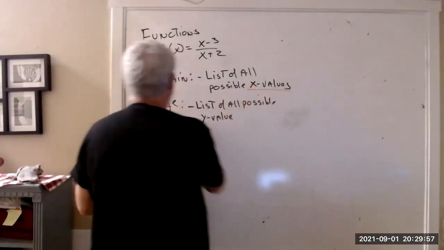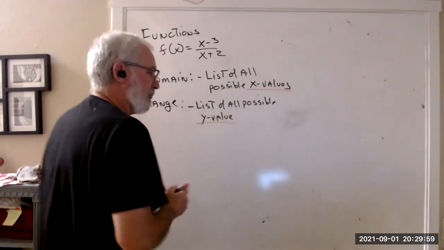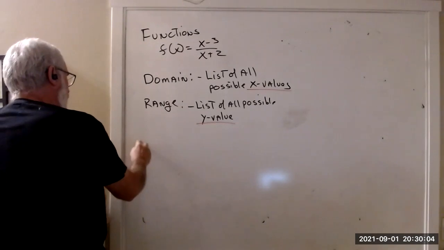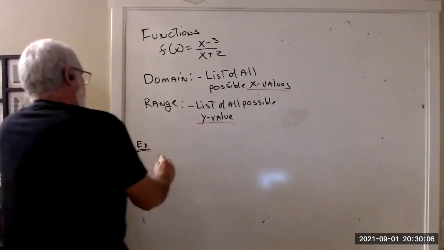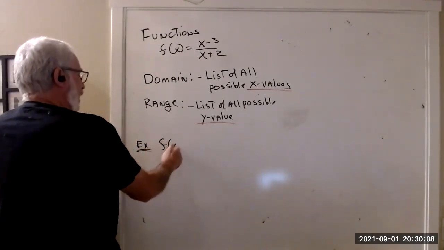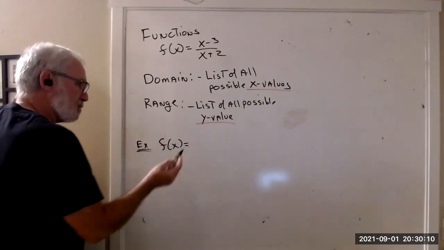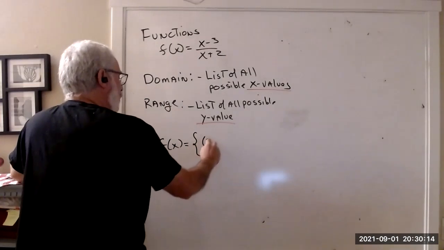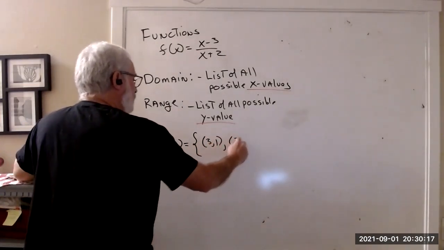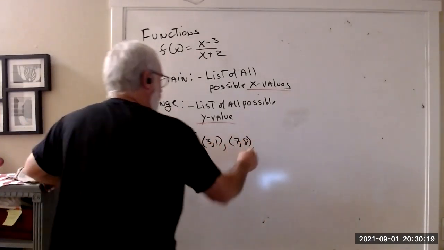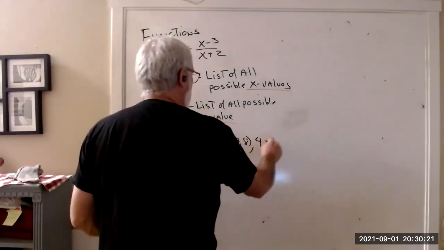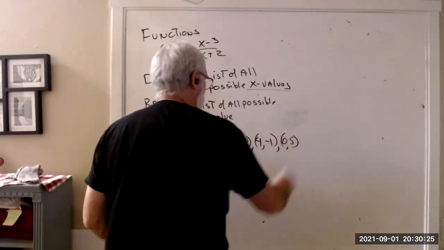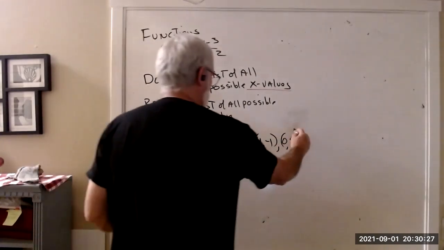Domain is X, range is Y. So one example, I might give you this, f of X equals, okay, now I'm being weird here, 3, 1, 7, 8, 4, -1, 0, 5.